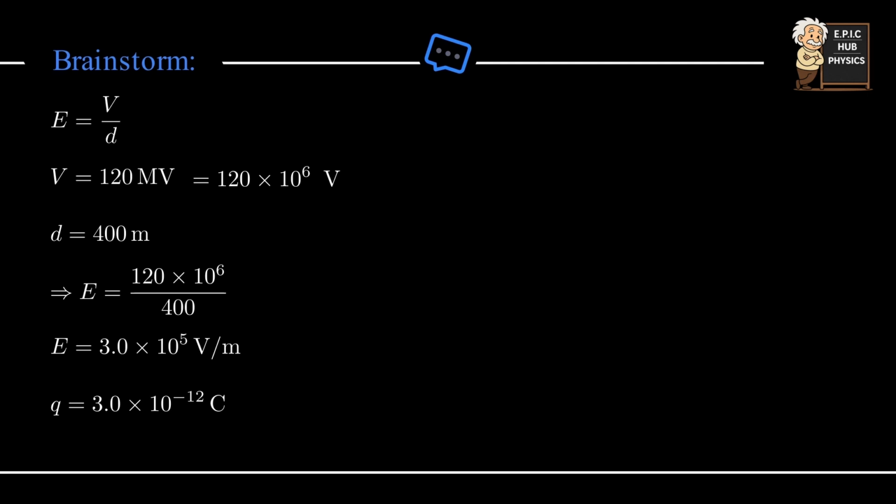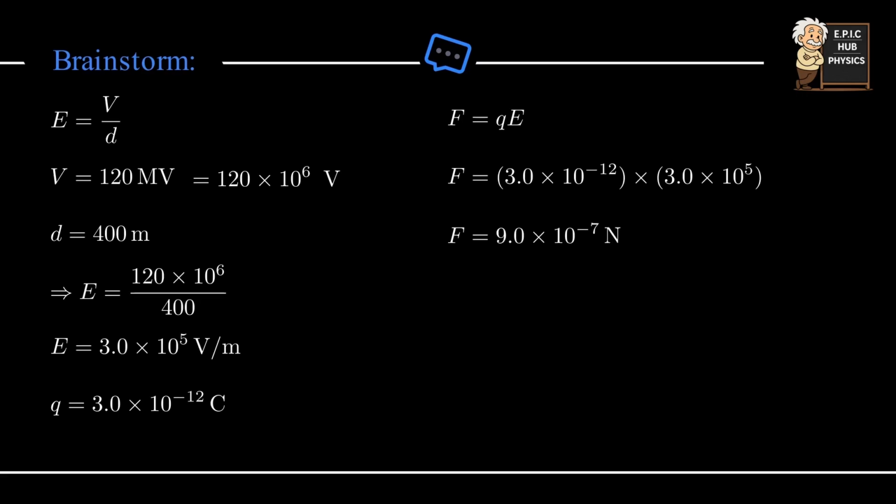The electric force on a charge in an electric field is given by F = QE. Substituting the values gives F = 3.0 × 10^-12 multiplied by 3.0 × 10^5. Multiplying these values gives 9.0 × 10^-7 newtons.